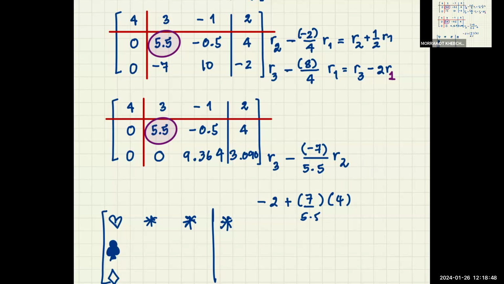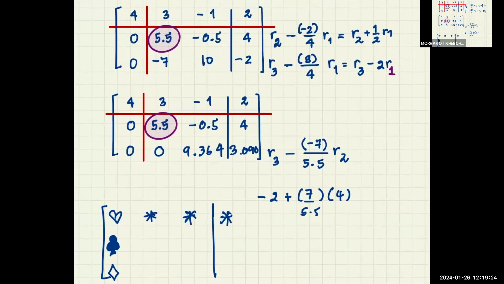So for this one you use 10 minus the ratio here, minus 7 over 5.5 multiplied by minus 0.5. You get the new values here. And this is also the same thing. You get -2, subtract this ratio multiplied by 4, the green one. So you get this part. Okay, so yeah, I made a mistake.